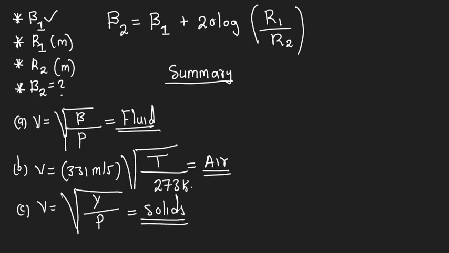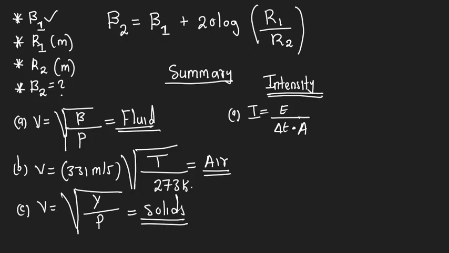If you want to calculate the intensity, given the energy, the time and the area, then intensity is going to equal the energy over the change in time multiplied by the area.